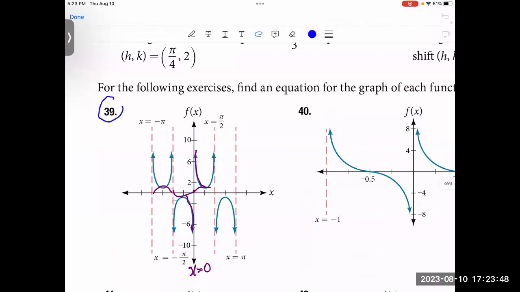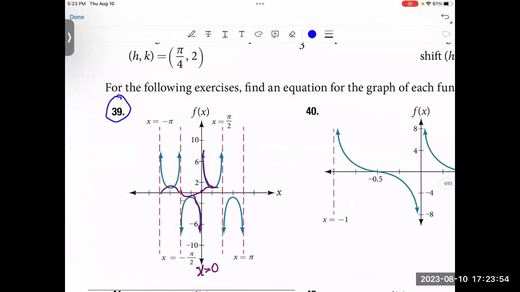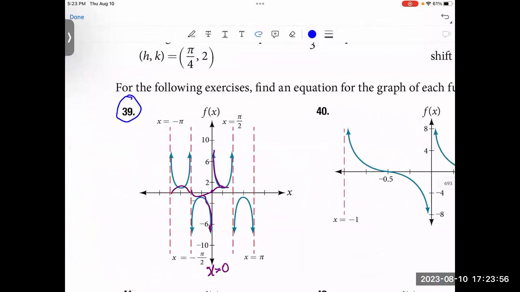So problem 39. For the following exercises, we have to find an equation for the graph of each function. So let's first observe a few properties of this graph. First of all, it has a vertical asymptote at the y-axis at x equals 0.